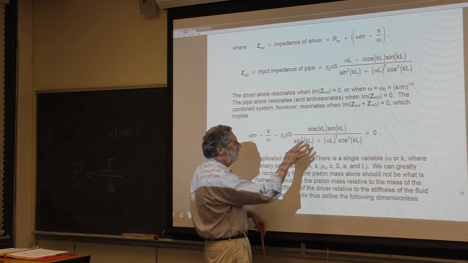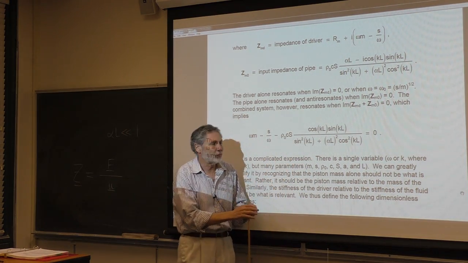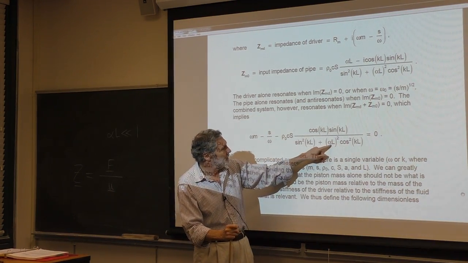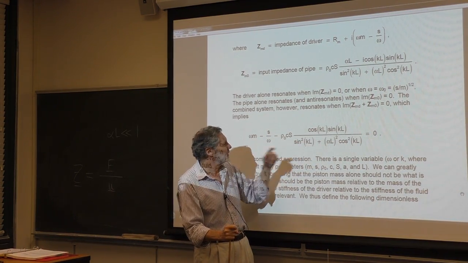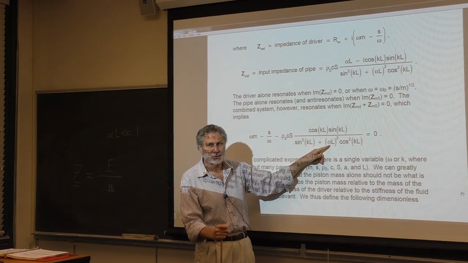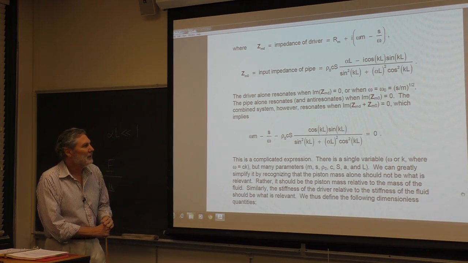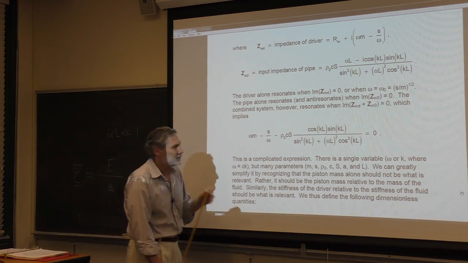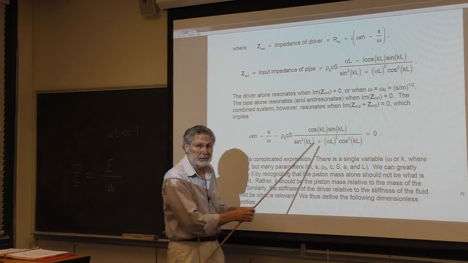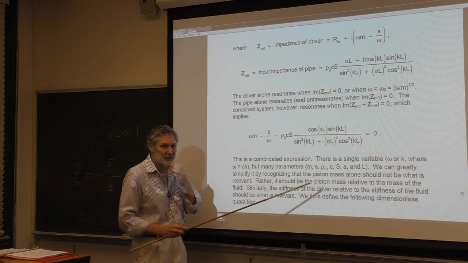You see L in two places as part of the independent variable, which we just think of as one quantity, KL. Aside from that, the only place it occurs is multiplied by the absorption coefficient, and that's the only place the absorption coefficient appears too. So instead of dealing independently with these two parameters, alpha and L, there's really just one. And you'll notice that that's dimensionless, and that's really the key here.